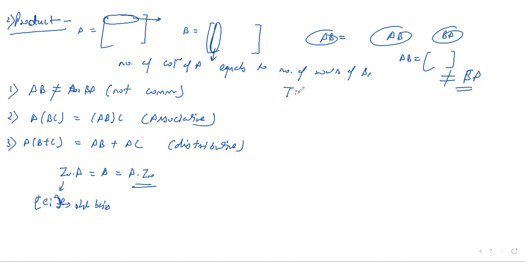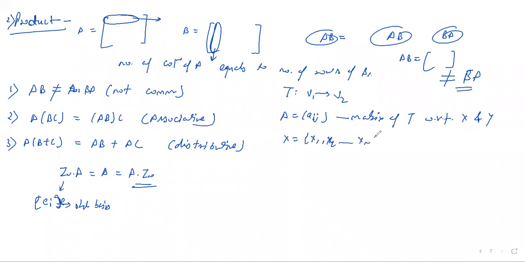Let's say the transformation goes from vector space V1 to vector space V2, and I have this matrix A_ij, the matrix of the transformation T with respect to X and Y, where X is x1, x2 to xn and Y is y1, y2 to ym. These are the corresponding bases of vector spaces V1 and V2.